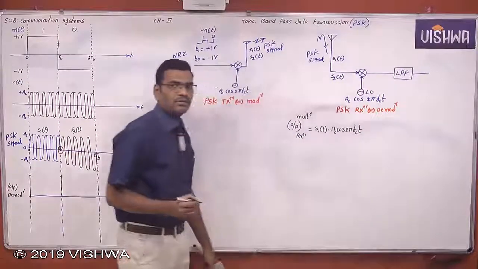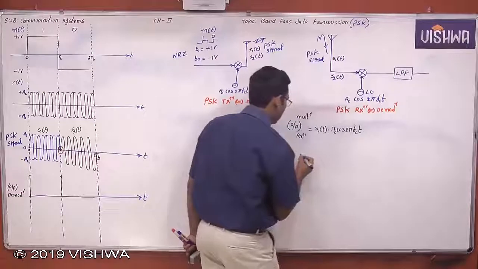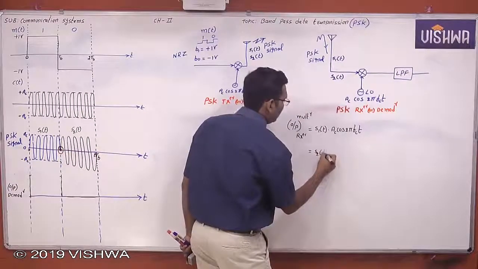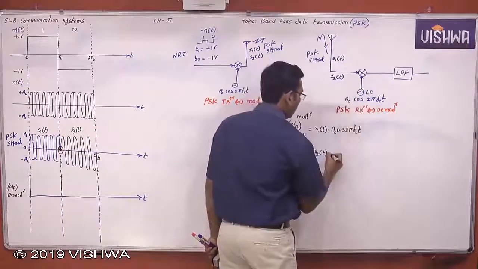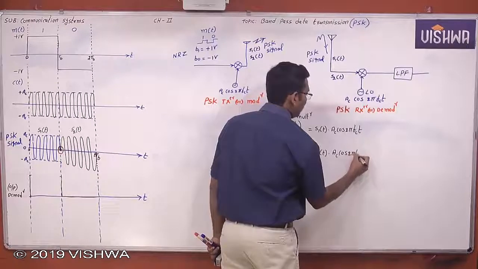And one more thing: S2 of t multiplied with the local oscillator signal Ac cos 2 pi fct.